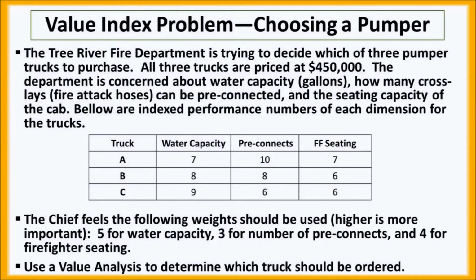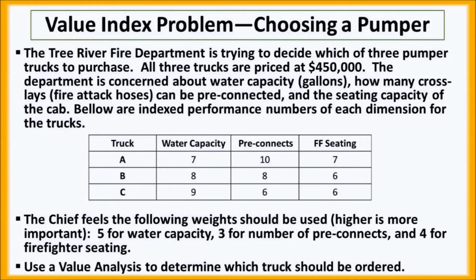You can see, for instance, that truck A has a certain water capacity, pre-connects, and seating of the cab. The numbers there refer to their performance value, on a scale of 1 to 10.